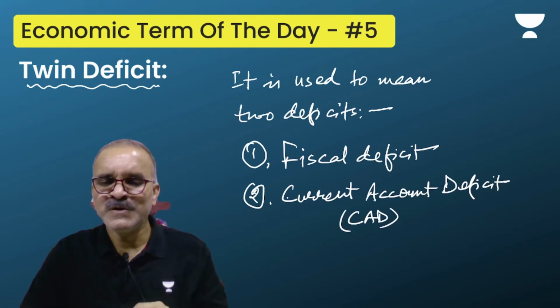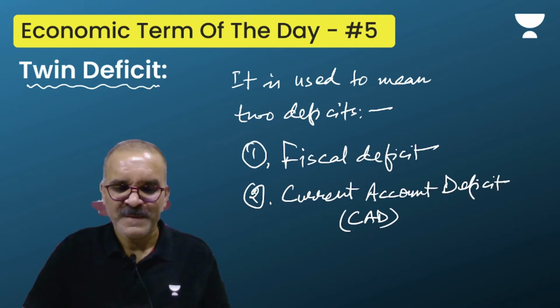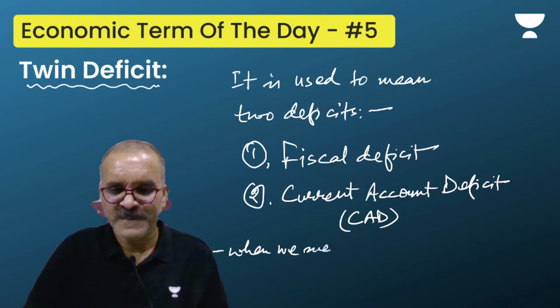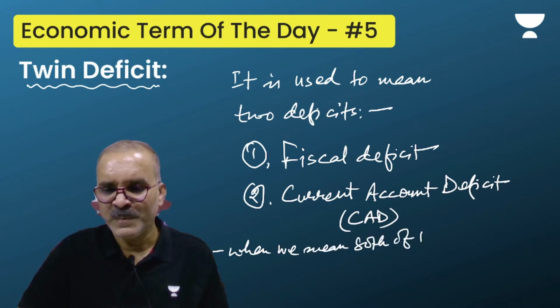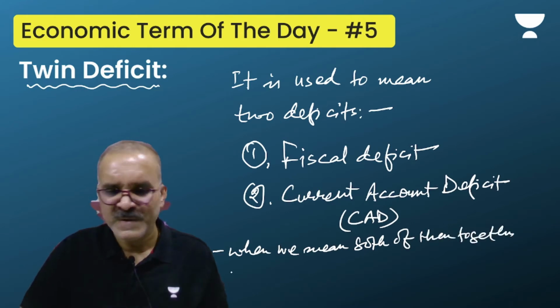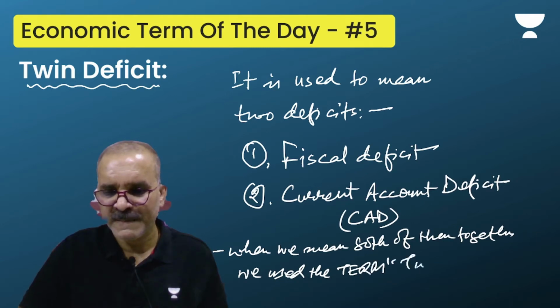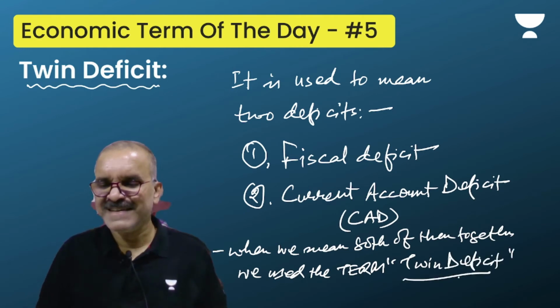When we mean both of them together, we use the term twin deficit. Did you understand?